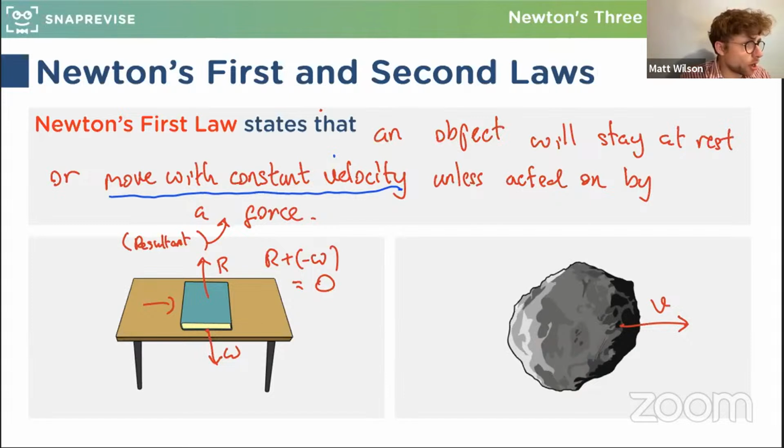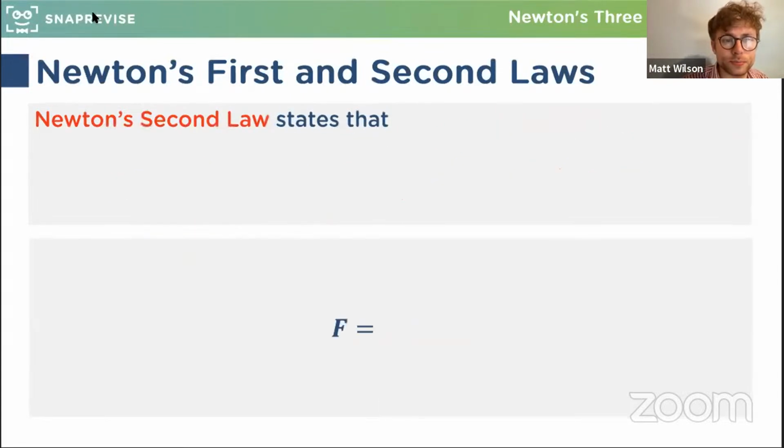Okay, so let's do Newton's second law, and we'll see that actually Newton's second law kind of has something to say about Newton's first law. So Newton's second law says the following. The resultant force, so see the resultant force is coming up again, that's why they're related.